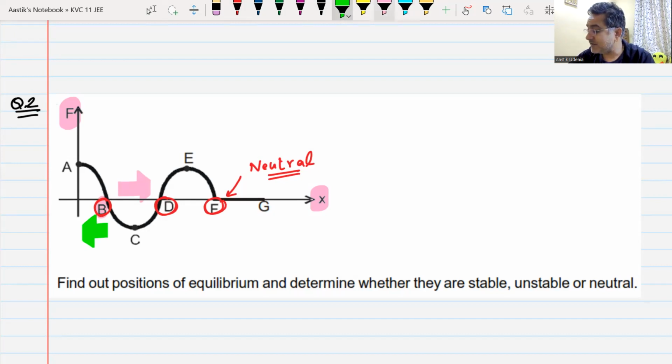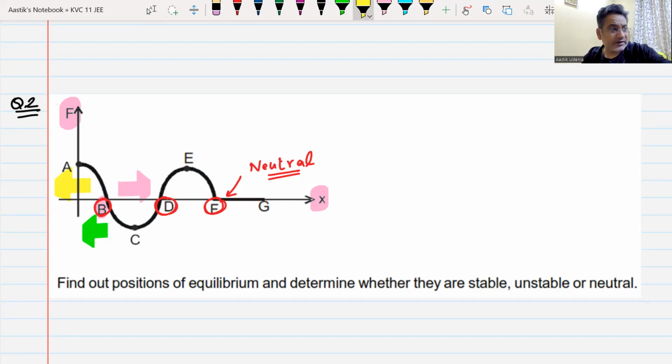If I decrease the distance from B, so if it goes on this side of B, going away from B, the force would be trying to pull it back.